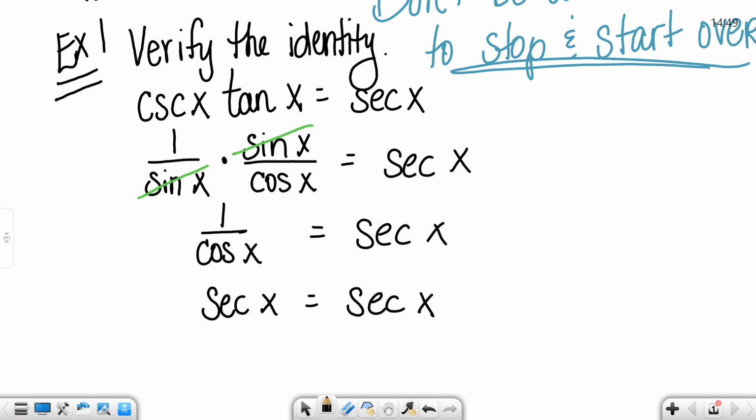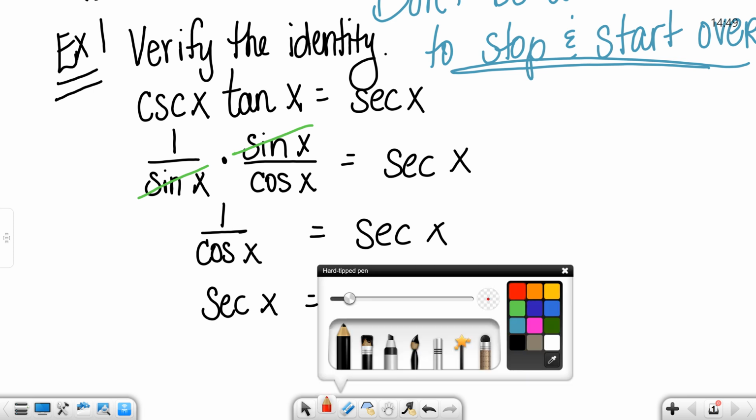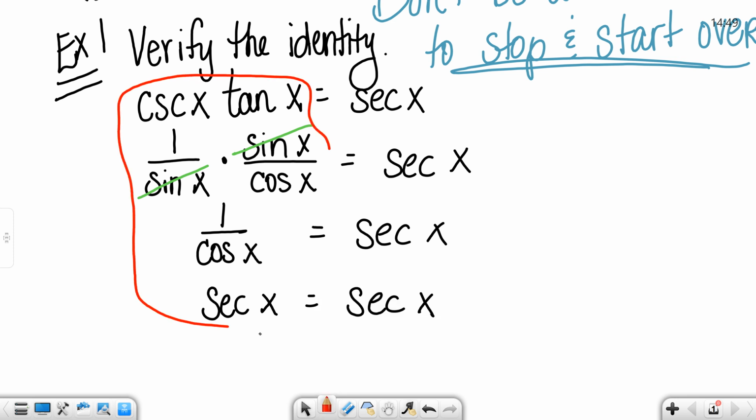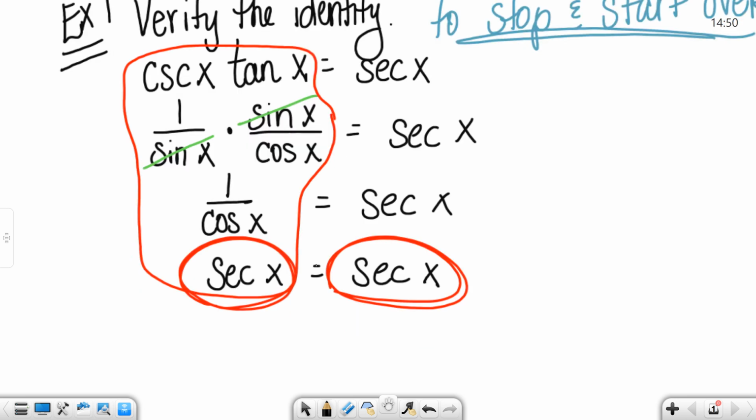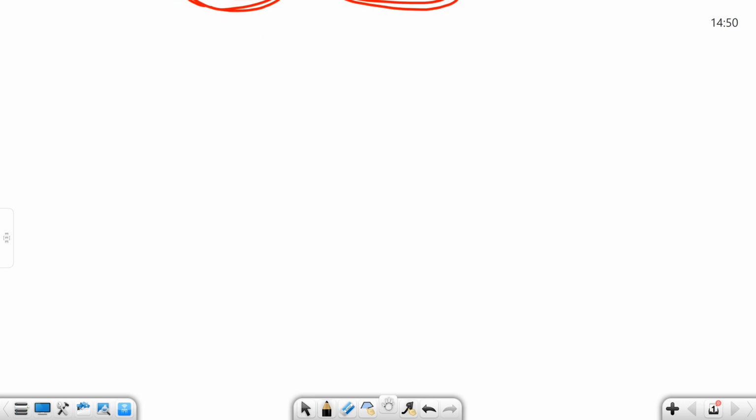So I have successfully simplified the left-hand side all the way down until it equaled the right-hand side. Please don't stop a step early. We do have to completely simplify the left or the right, whichever one you choose. That's how we use those identities. You are going to need them handy. If they are not beside you, make sure you put them beside you.